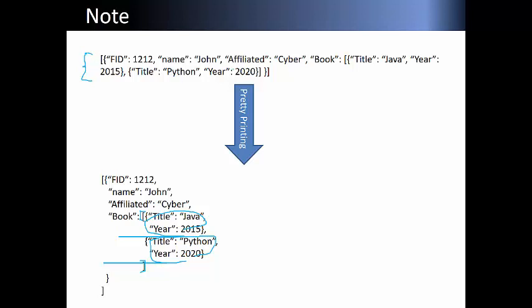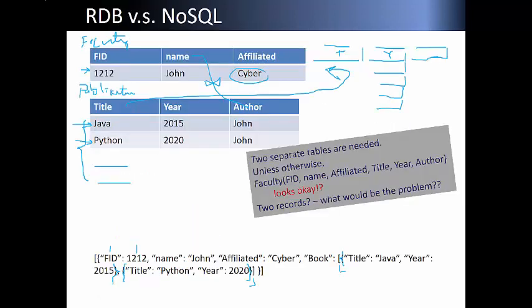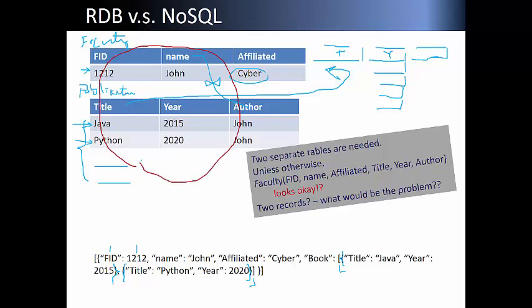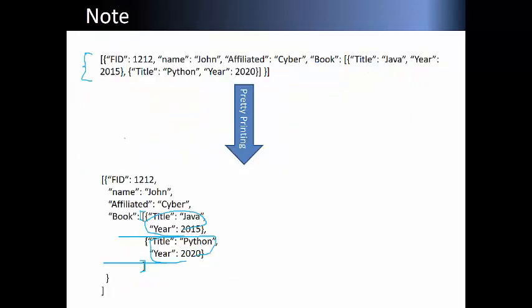If we enter these records, this JSON data, into a relational database, that will be a lot, right? Everything here is everything here. But this is JSON data.